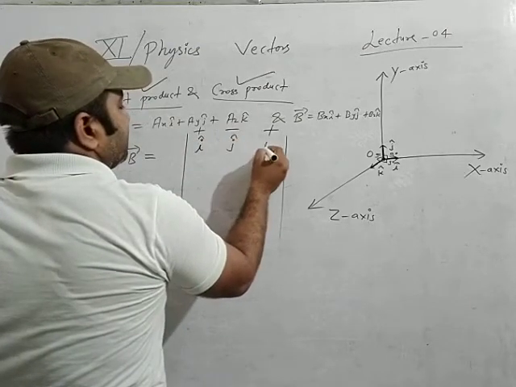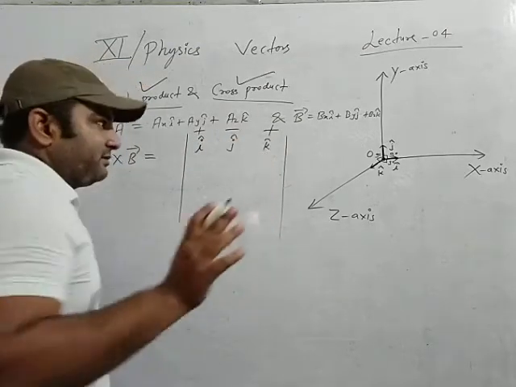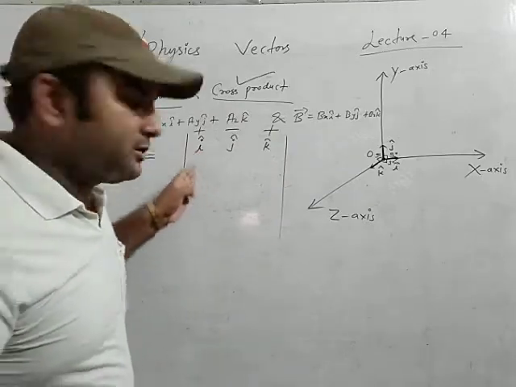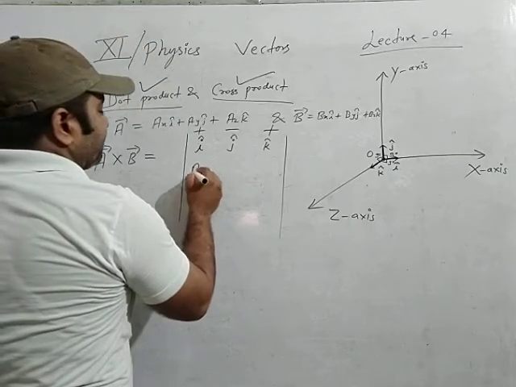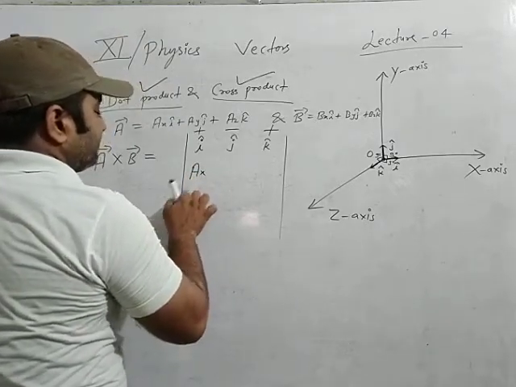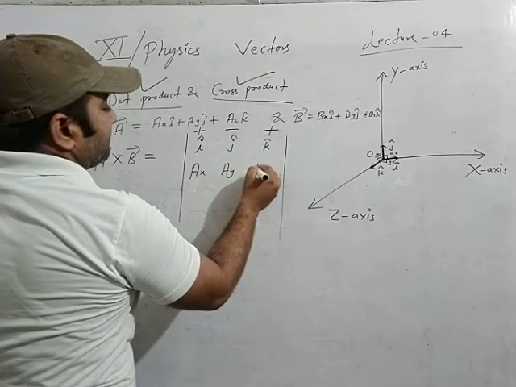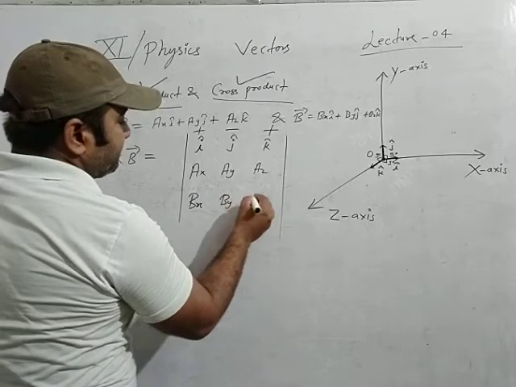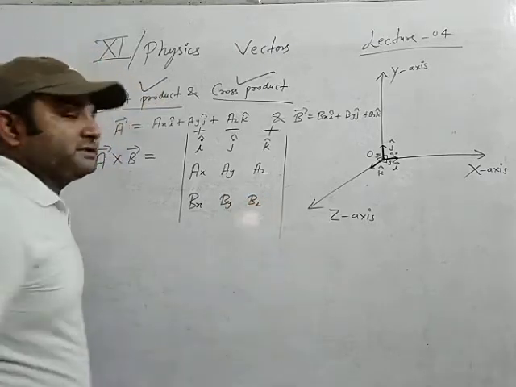So i, j and k. Always remember when we take the i column, then close all the values related to i. Ax, Ay, Az, Bx, By, Bz. Clear?